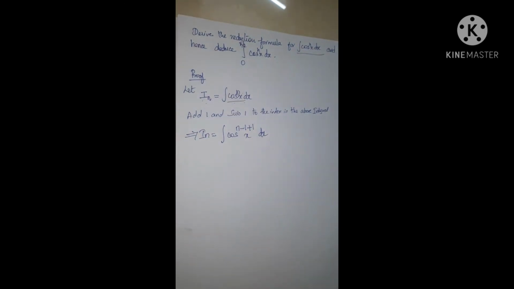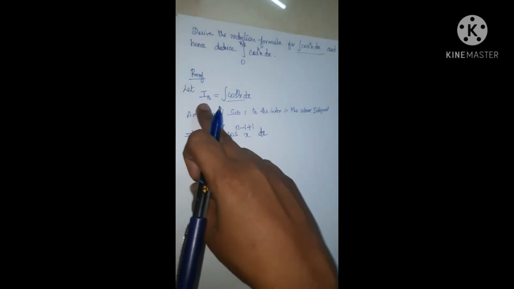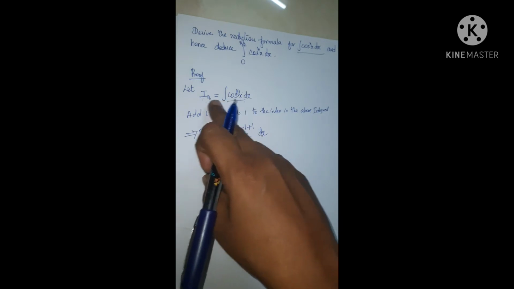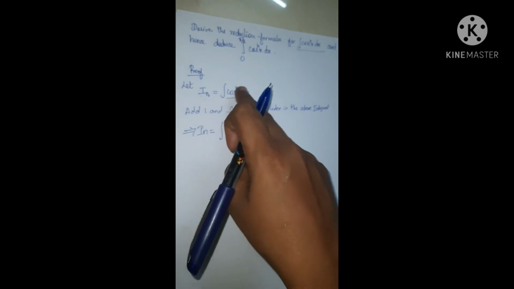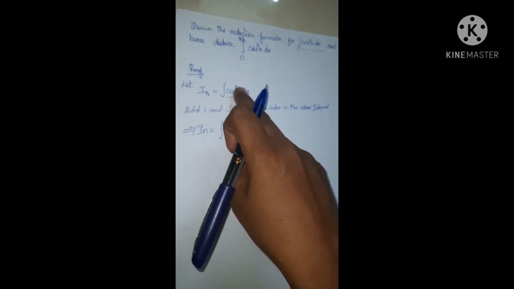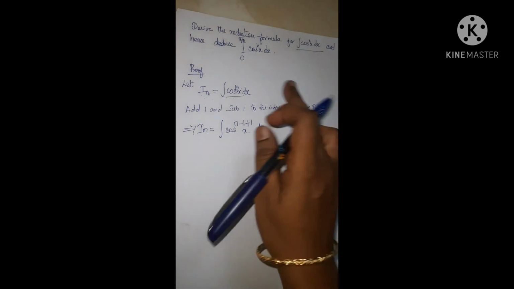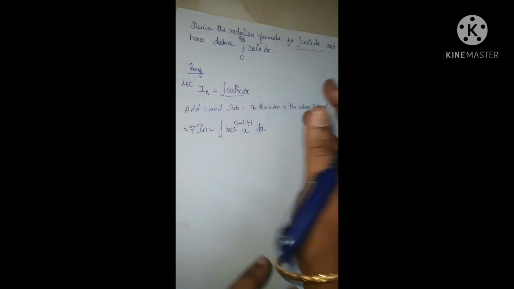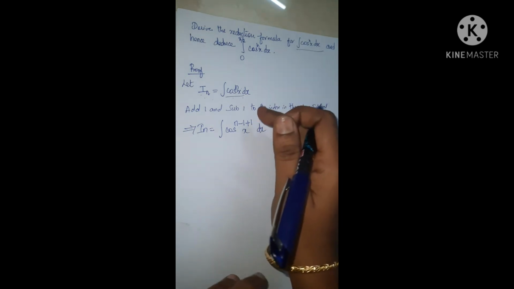Step 1, calling the given integral to find the reduction formula as I_n. Why is it I_n? Because the integral function is denoted by I, and because the integral carries a power n, which is the index, we denote it by I_n. After that, to apply the parts method, because any other method is not applicable in integration, only the parts method can be used.